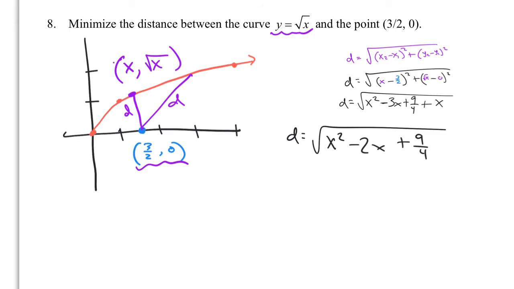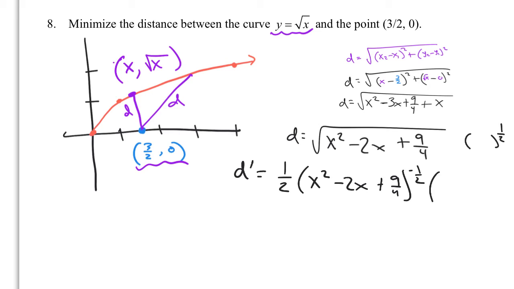All right, so let's take the derivative. We'll get d prime equals, it's square root of x, so you're thinking this to the 1/2. So I got the 1/2 in front, and then x squared minus 2x plus 9/4 to the negative 1/2, and then I have to times it by the derivative of the inside, which is 2x minus 2.